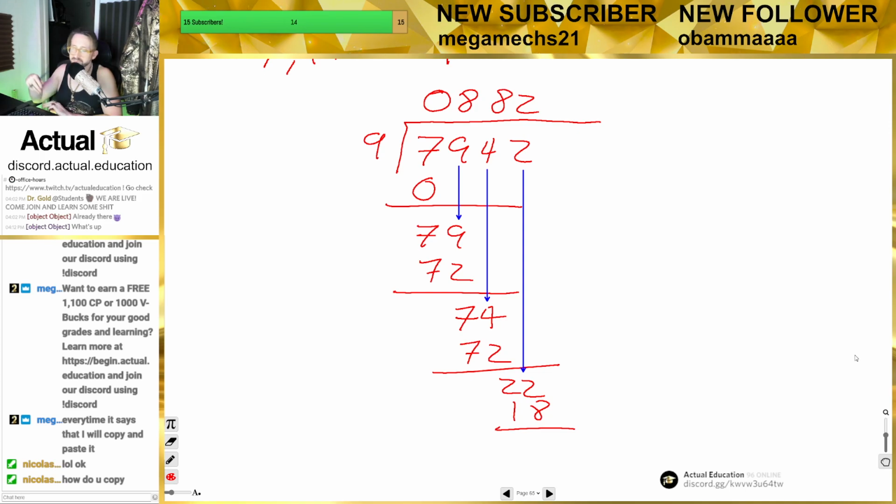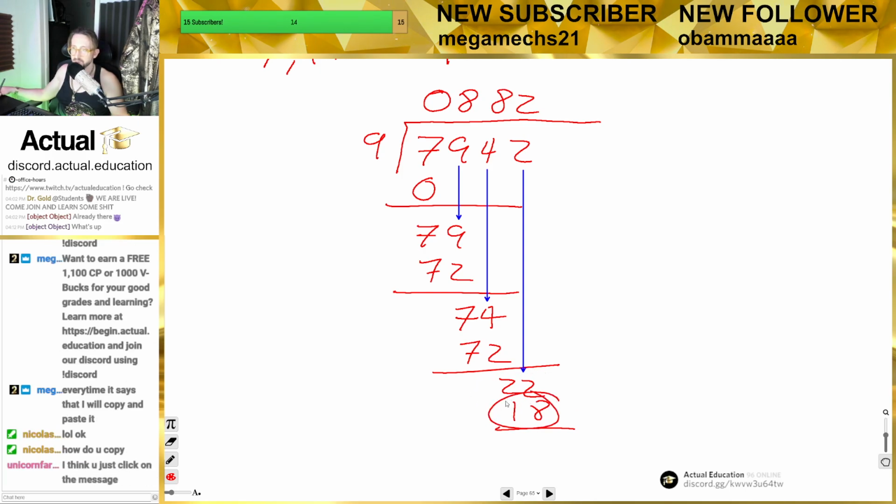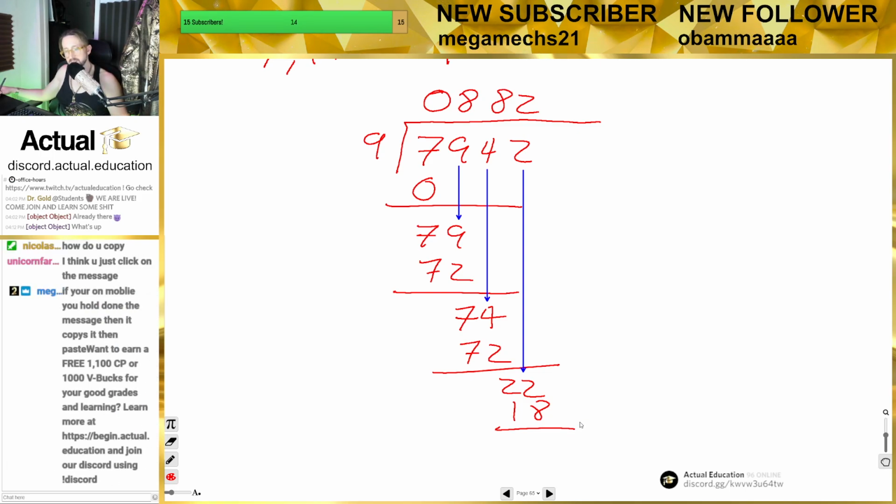And then it would be, I think, 16? No, wait, not 16. What's 22 minus 18? Not 16. Well, 20. You got it. 22 minus, wait, no. I could do 18 plus what would give me 22, not 24?